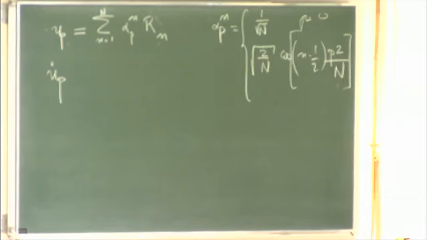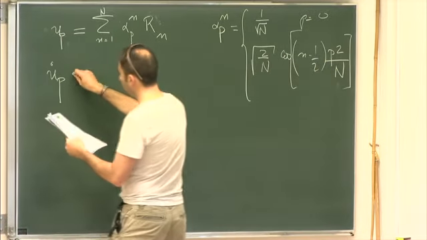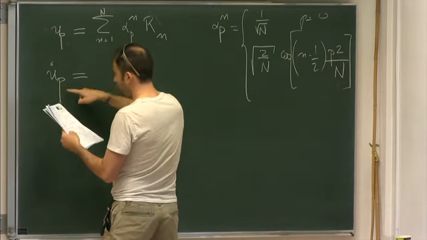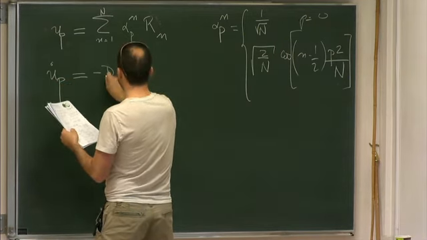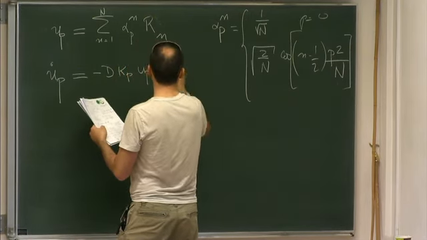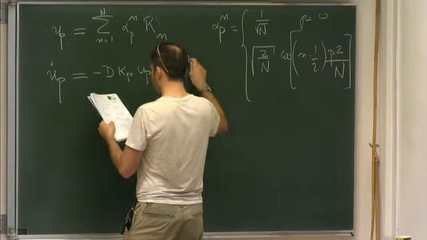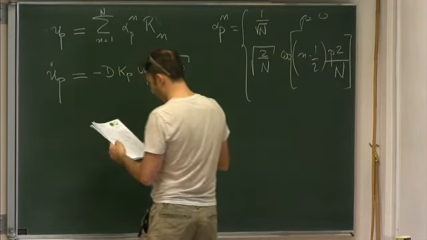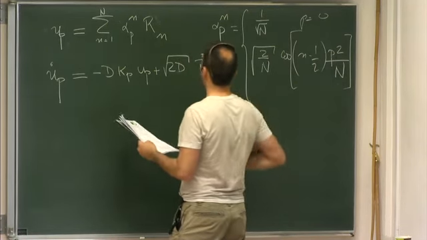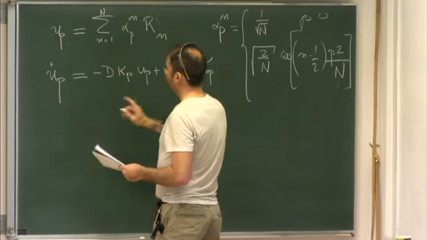Basically, diagonalizing this, you end up with a single term, and I'm going to write an ensemble of Ornstein-Uhlenbeck processes: du dt of Up is minus d kappa p Up plus square root of 2d times w dot tilde. Let me explain.